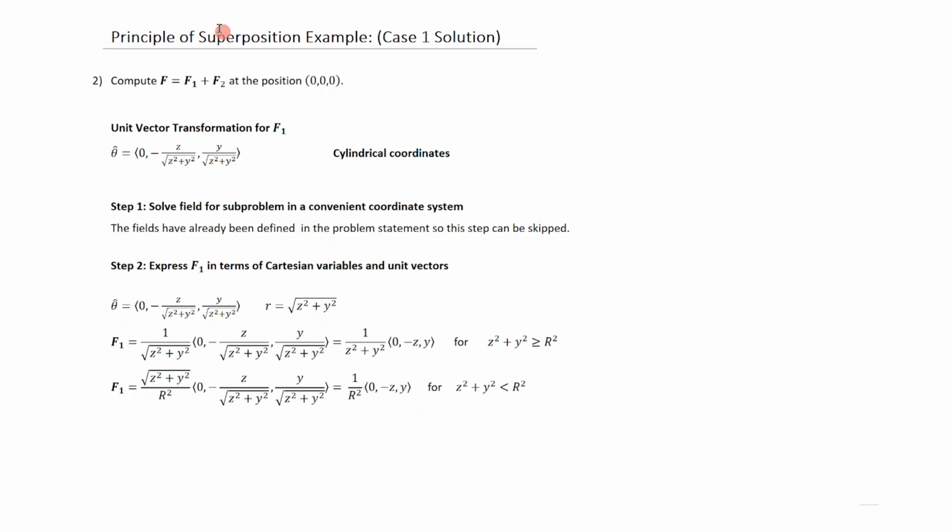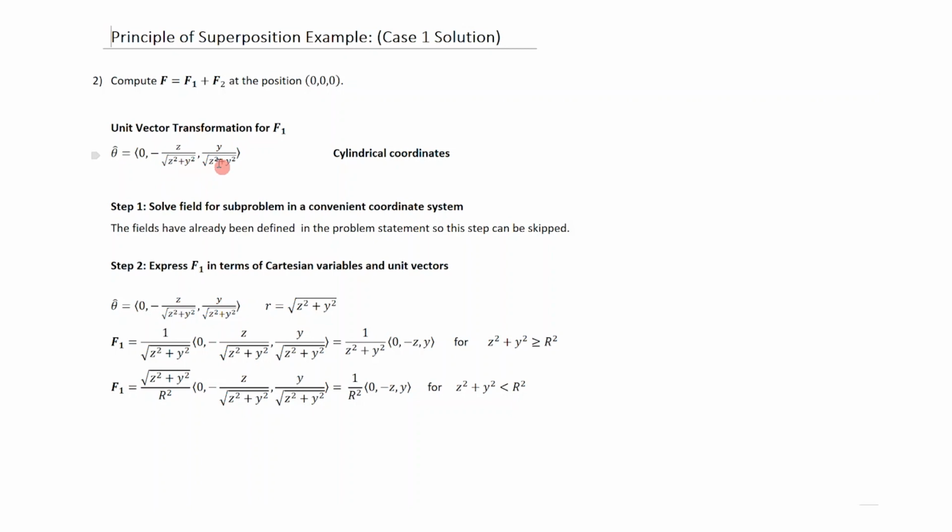And because the field lies on the YZ plane, it means that theta hat has to be set up in such a way that it satisfies the right-hand convention. And that's the case if theta hat takes on this vectorial form, which is in Cartesian coordinates on the YZ plane.